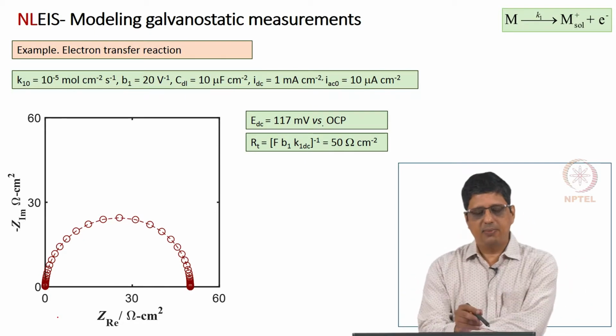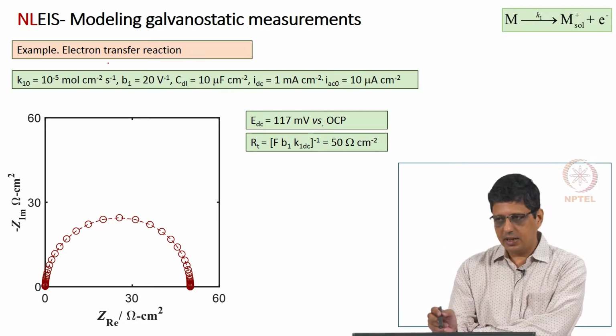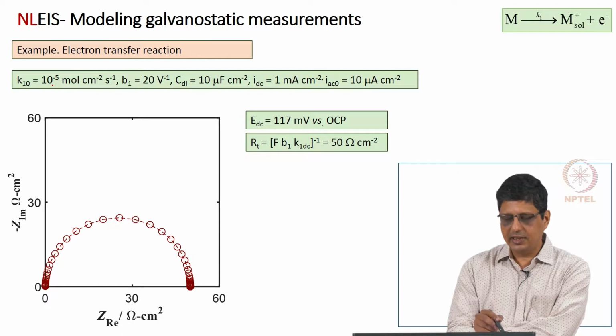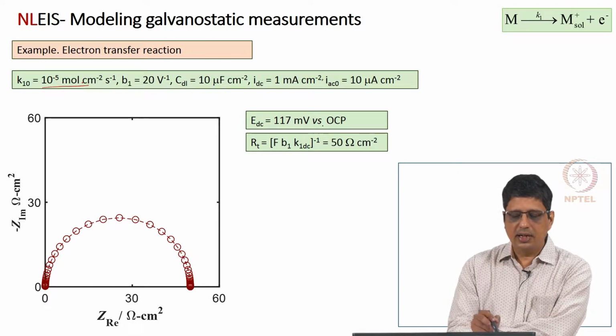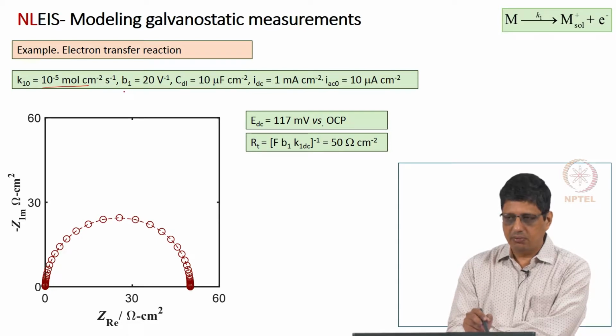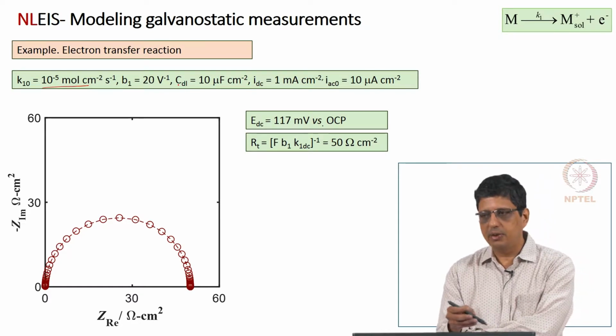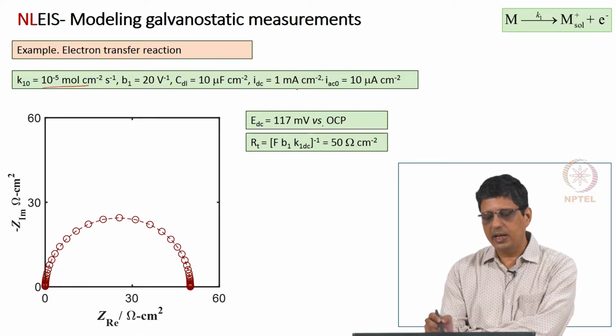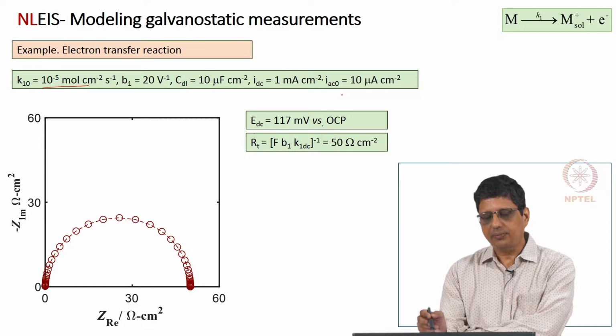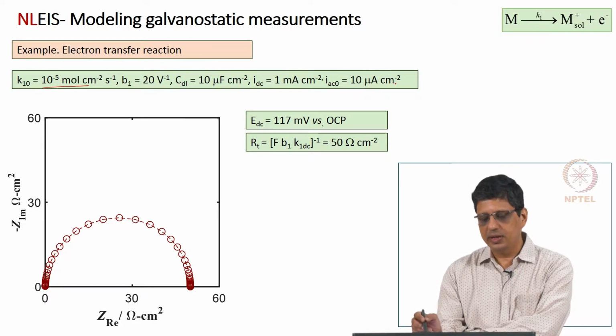So, just as an example, for a simple electron transfer reaction for a given set of kinetic parameters, here k1 is 10 power minus 5 moles per square centimeter per second, exponent b1 is 20 inverse volts, double layer capacitance is assumed to be 10 microfarad per square centimeter, and we use a DC current of 1 milliamp per square centimeter and apply an AC of 10 microamp per square centimeter.